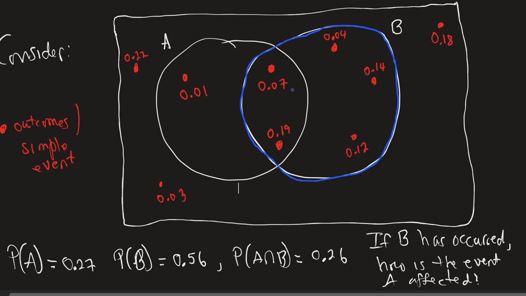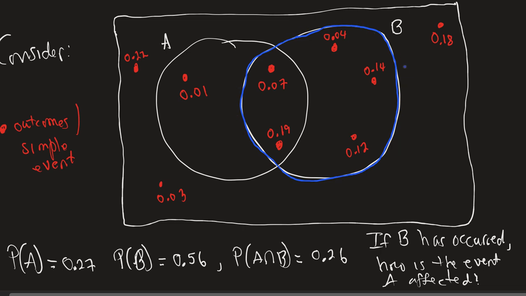Because if B has occurred, then it would have to be one of these five outcomes. One of these would have to have occurred for us to say that B has occurred. So it's almost like we're saying, because B has occurred, we can throw out everything outside the circle here that I have highlighted in blue.